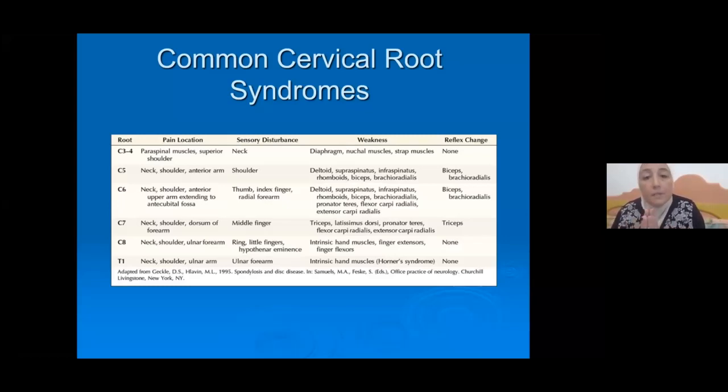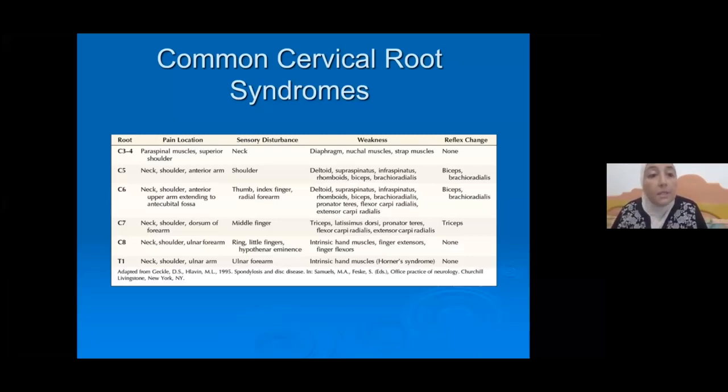Weakness for C5 and C6 radiculopathy is in the deltoid, supraspinatus, infraspinatus, rhomboids, biceps, and brachioradialis muscles, with pronator teres, flexor carpi radialis, and extensor carpi radialis muscle affection in C6 radiculopathy, on top of the previously mentioned muscles.